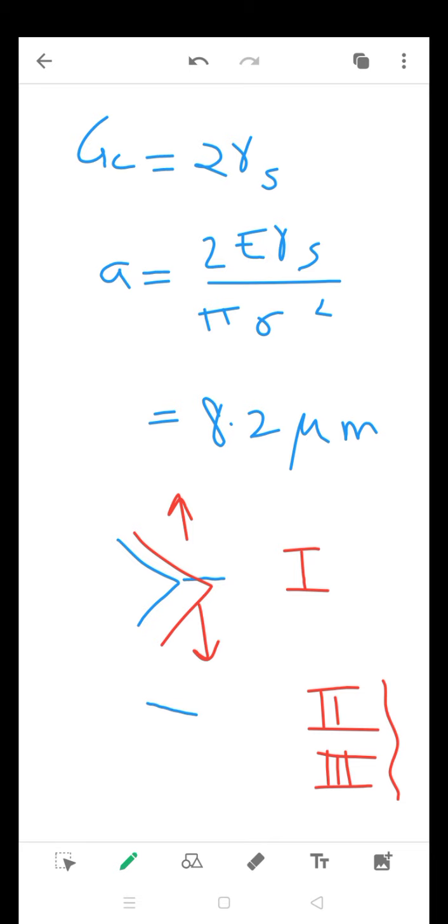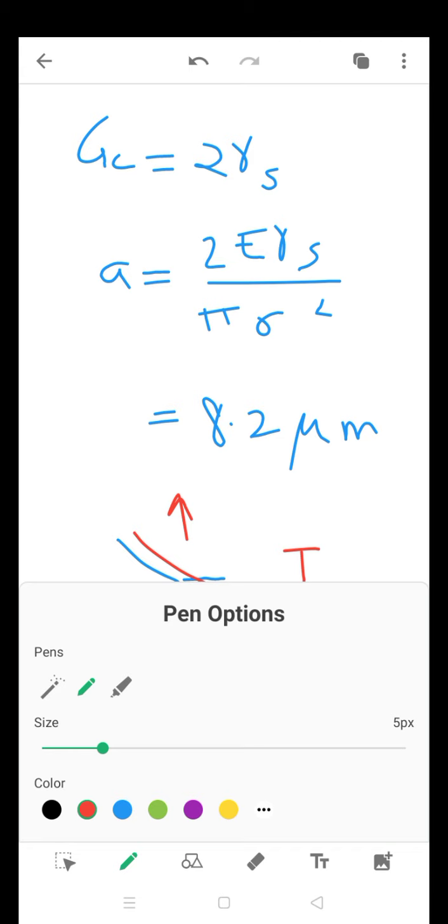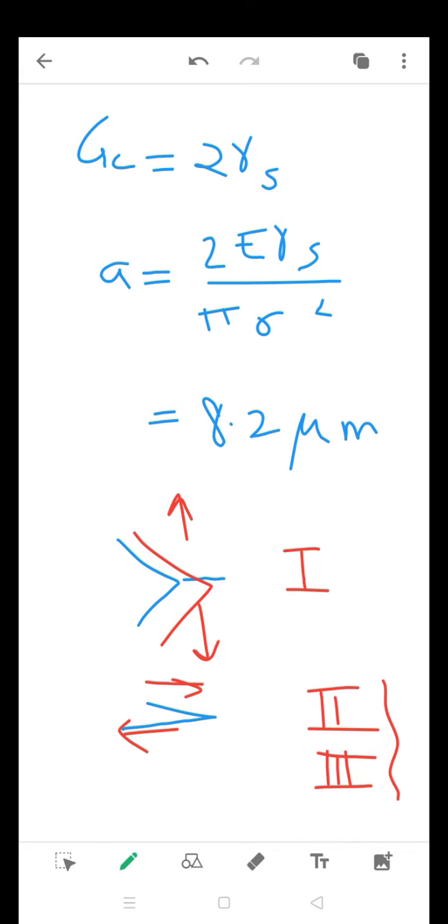For example, this is the crack. In mode 2, sliding will take place, which will cause the crack to grow, whereas in mode 3, tearing will take place, which will also cause the crack to grow. So basically, for calculations, we take this mode 1.